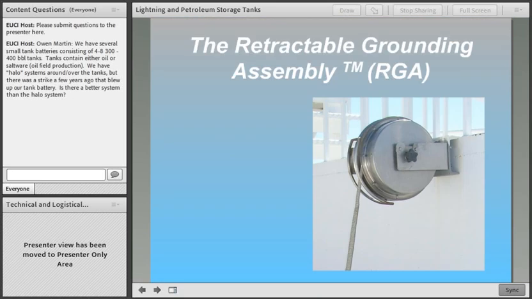This is an example of a retractable bypass conductor. This model is manufactured by LEC in Boulder, Colorado, and it's called an RGA, or Retractable Grounding Assembly. The intent here is to create an electrical bond between the rim, or the top of the shell, and the roof.